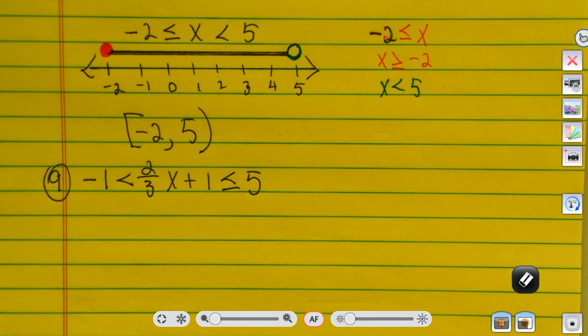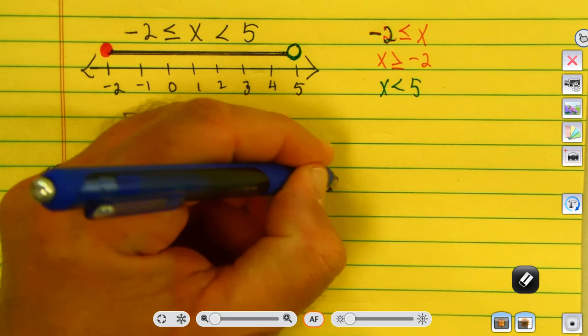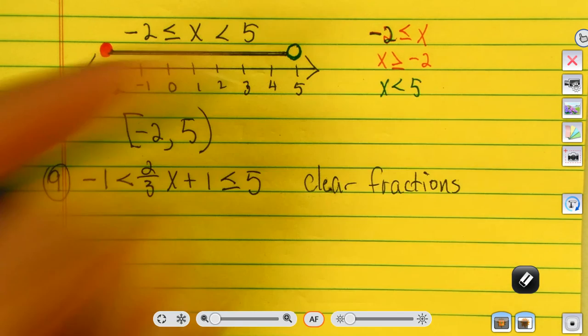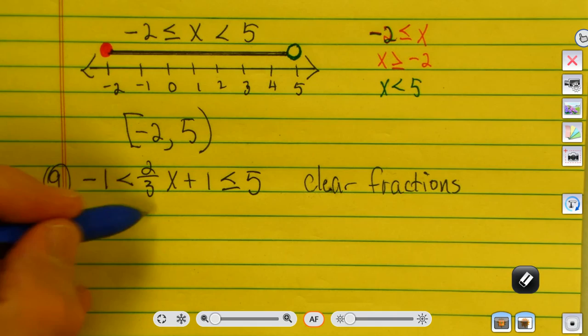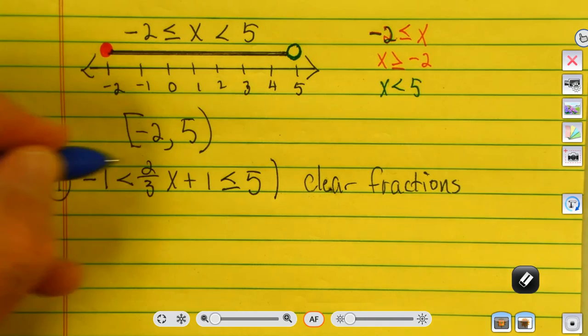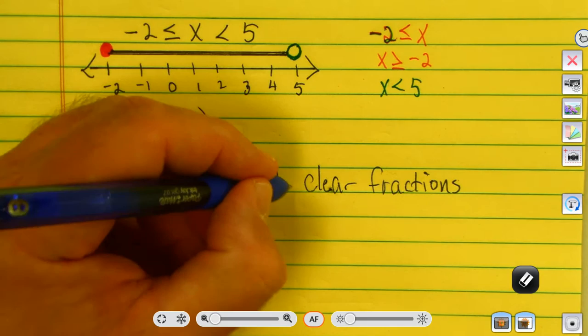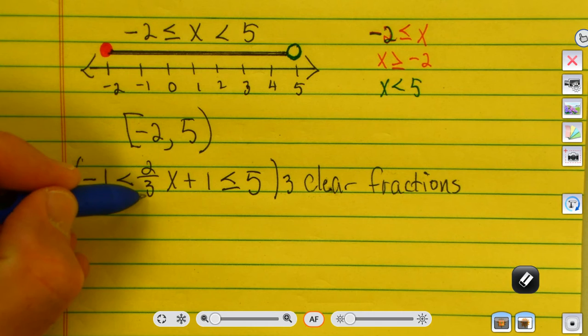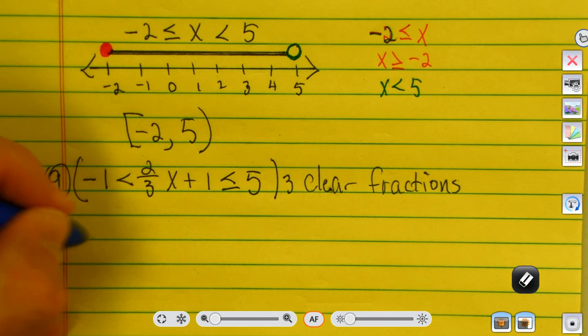What's the first thing you see that you don't like about that one? It has a fraction, yes. And remember, always when it comes to fractions, we want to clear fractions. I have a 3 in the denominator, so I just need to multiply everything through by 3, because it'll cause that 3 in the denominator to cancel. So this would be rewritten this way.